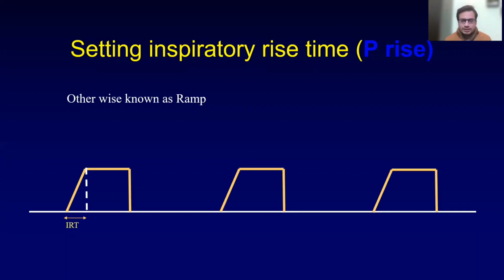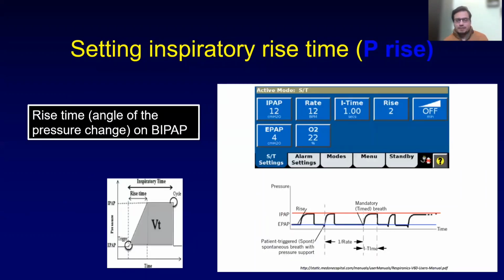The default settings are usually kept at 5% or 0.15 second. On BiPAP or non-invasive ventilation, the definition of rise time is slightly different. It is a function of how quickly the BiPAP machine will go from EPAP pressure to the IPAP during inspiration.